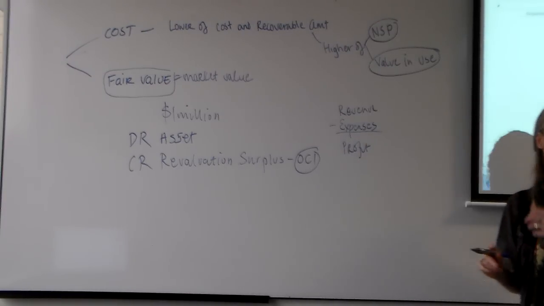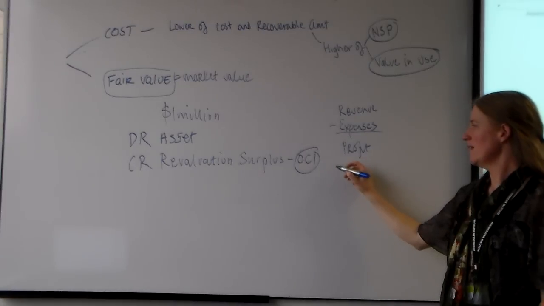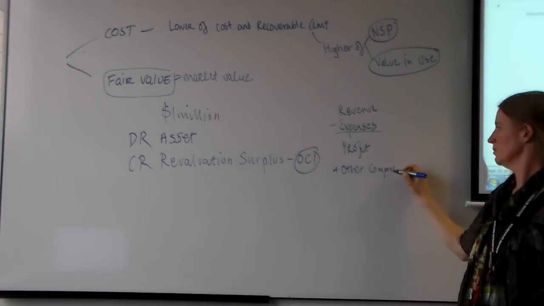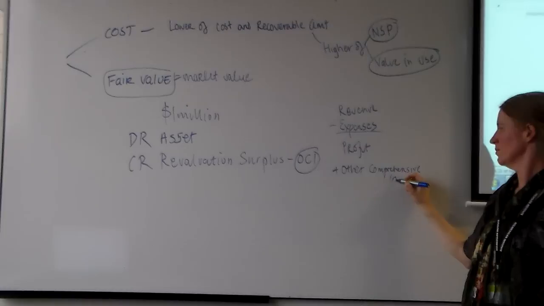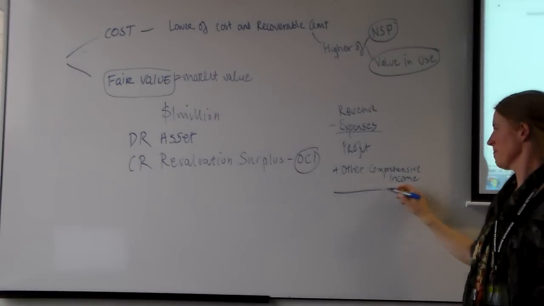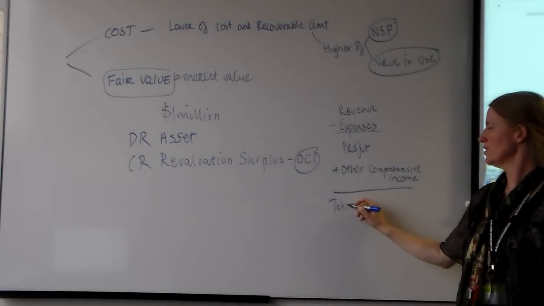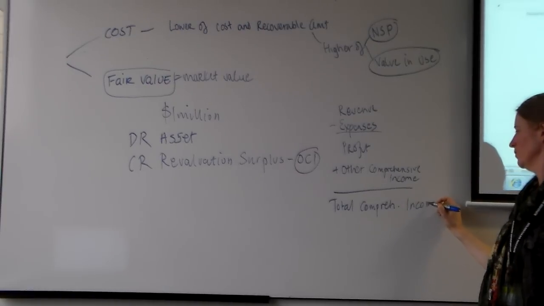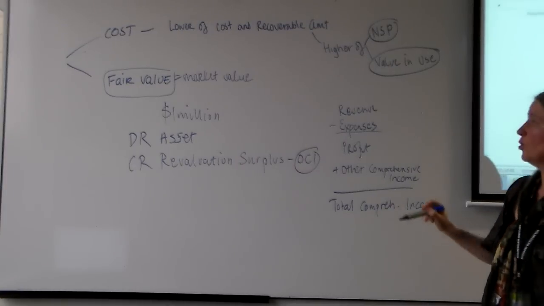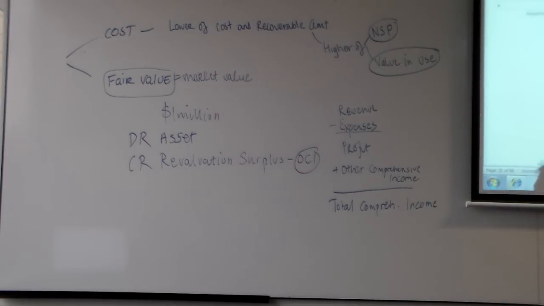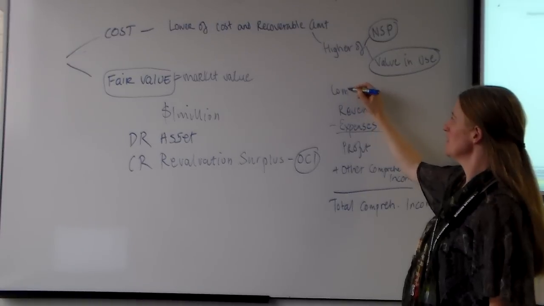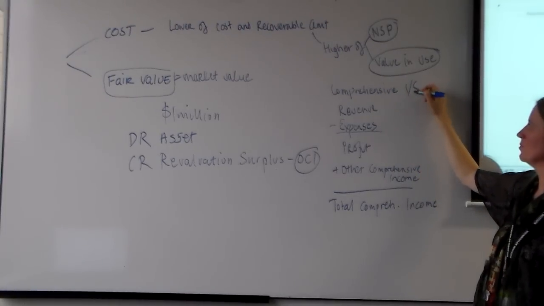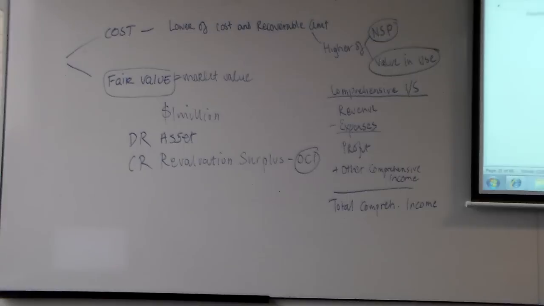All familiar with that? What they do now is they then add other comprehensive income to get the total comprehensive income. And what we now call this, instead of calling it an income statement, is a comprehensive income statement.